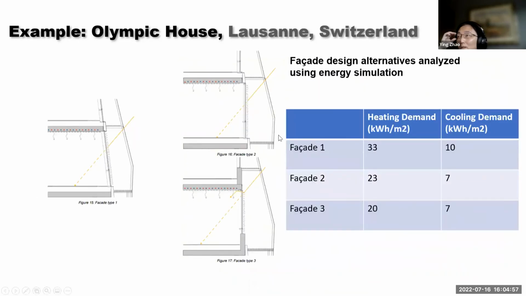Another analysis they talked about in the previous slides compares three facade designs for the double envelope. The first type is a reclined glass with a shading overhang. The depth of the envelope is less, probably because it's not vertical.